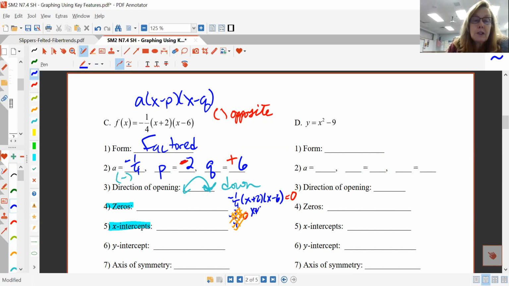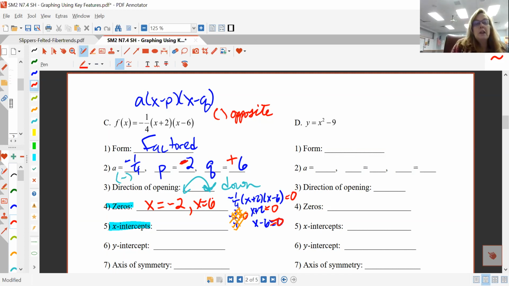So x plus 2 equals 0. You should be able to see that x is -2. Last factor, x minus 6 equals 0. x equals 6.